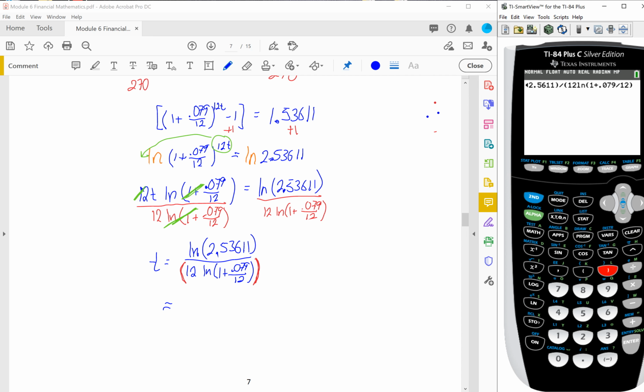One parenthesis to close off this one that I have for the natural log, and another parenthesis to close off my denominator for the fraction. And I get approximately 11.9 years.